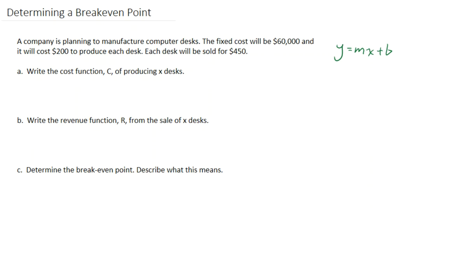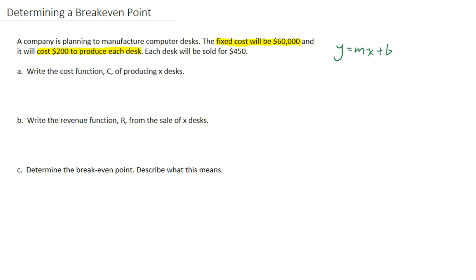So when we read this scenario, we need to pick out the numbers that have to do with cost. So it says there is a fixed cost of $60,000 and it will cost $200 to produce each disk. So those are the numbers associated with cost. And now we need to write our cost function for this.